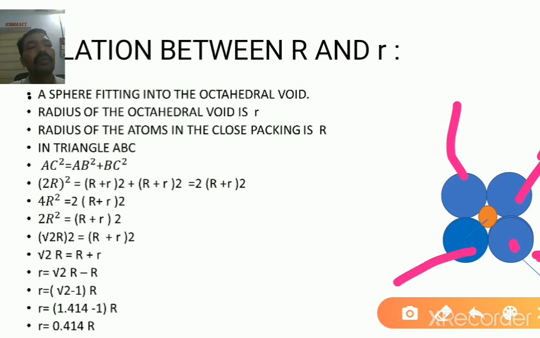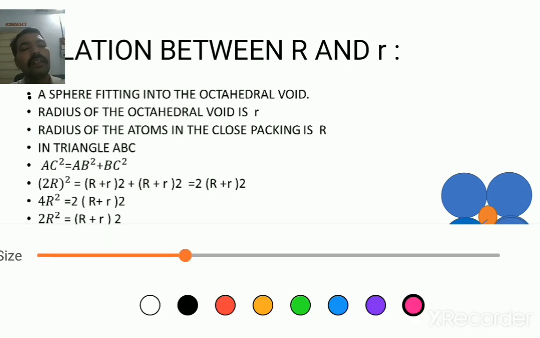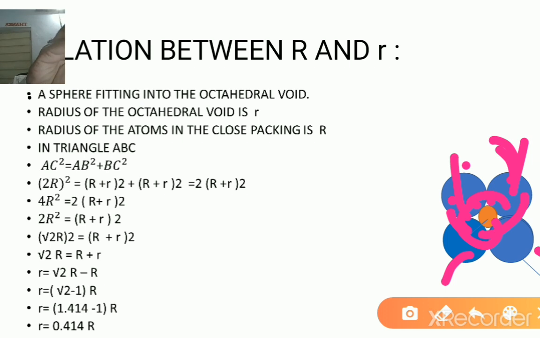This is a two-dimensional diagram in which the octahedral void is in contact with the 4 spheres. But in the three-dimensional structure, one constituent particle is above the octahedral void and one below it. That means 6 atoms are in contact with this octahedral void.